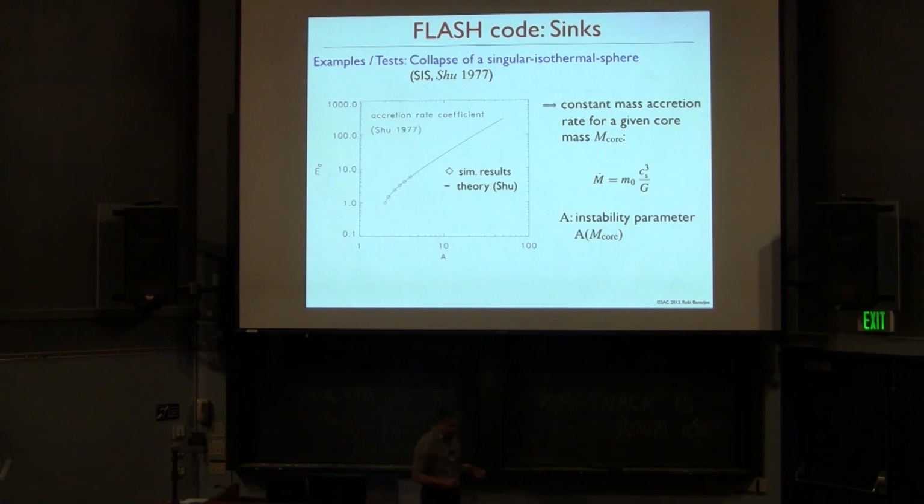Of course you can imagine that the accretion rate should depend somehow on the instability of your initial core. There's a prefactor which is actually very important here, which is often neglected in the literature, where people say we find something, our accretion rate is c cubed over G. But at the end of the day, it depends quite strongly on the initial mass, or the density at the edge of your singular isothermal sphere, given by what is called the instability parameter.